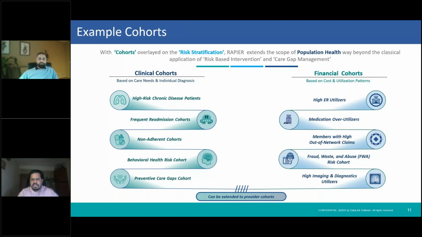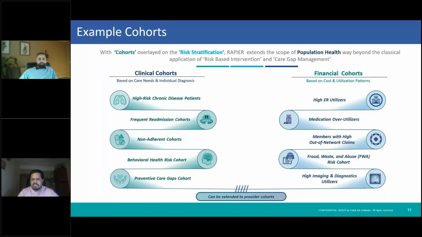And it's not limited to that. Rapier provides a mechanism where the users can create their own cohorts, whatever problem they are facing, and even extend this cohort building mechanism to providers. So it's an open field where there are several cohorts which are pre-built, but there are a lot of opportunities to create cohorts and analyze them as accurately as possible.